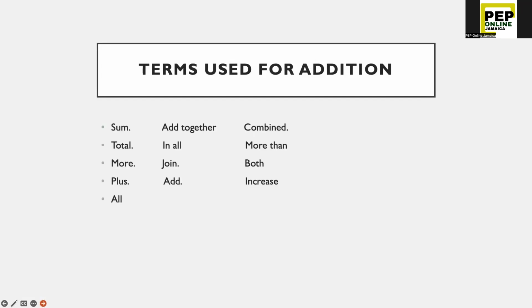The terms that can be used within the spectrum of addition are sum, total, more, plus, all, together, add together, in all, join, add, combined, more than, both, and even increase, right? So once you see those terms, it is telling you that you're going to be adding.